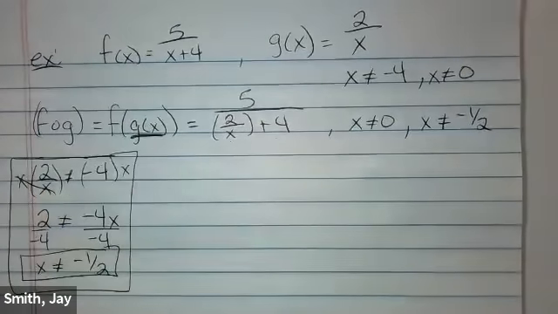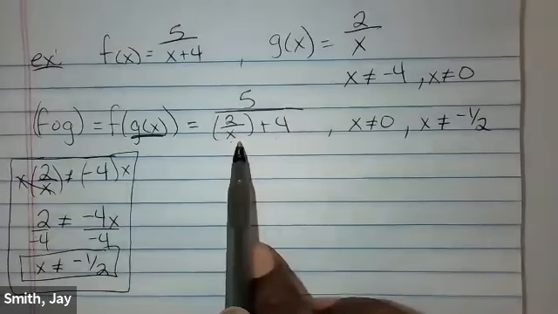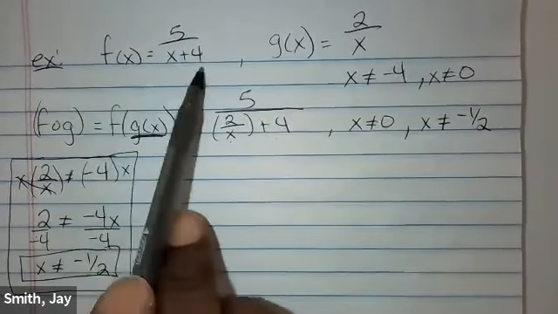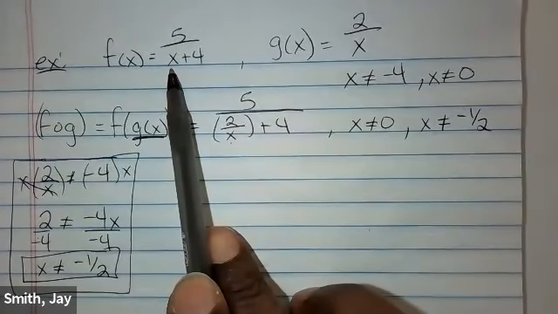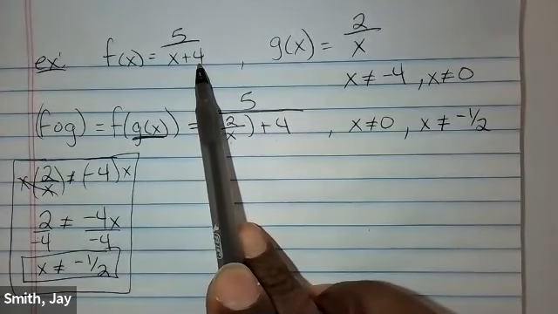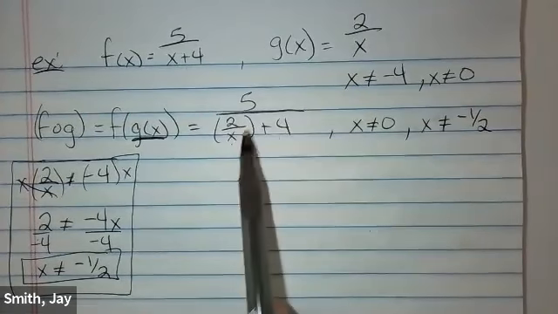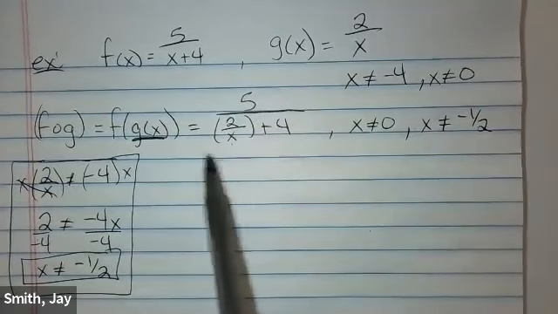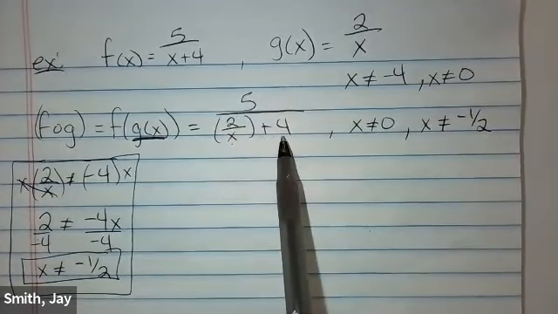All right, any questions on how we got those values? Because that's really going to be, I guess, the difficult part outside of simplifying f composed with g. All right, so remember, if we look at f of x, we said x cannot be equal to -4. This is because if we had -4 here, we end up with -4 plus 4, or we end up dividing by 0, which we know we cannot do. But this complex fraction, or f composed with g of x, if we look at it as one big fraction, then 5 is my numerator. 2 over x plus 4 is my denominator.